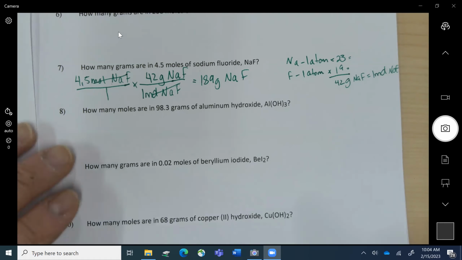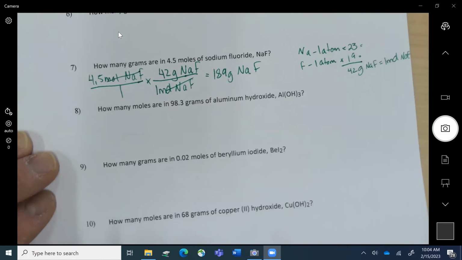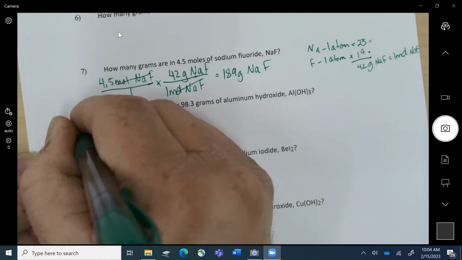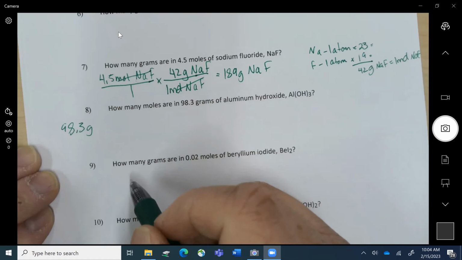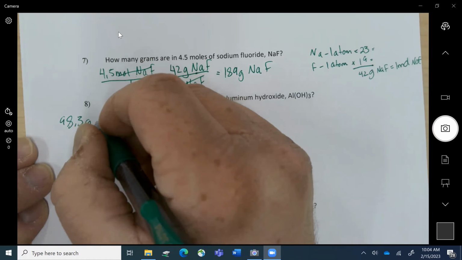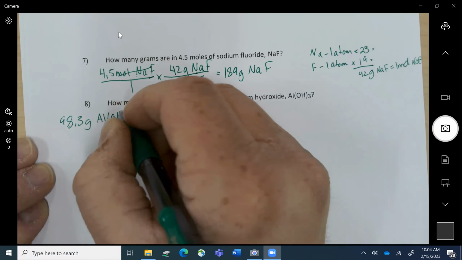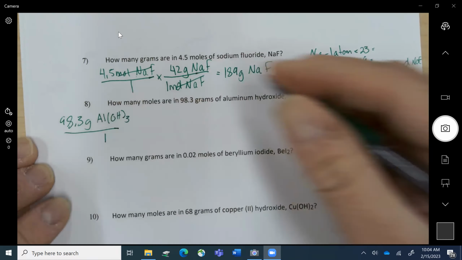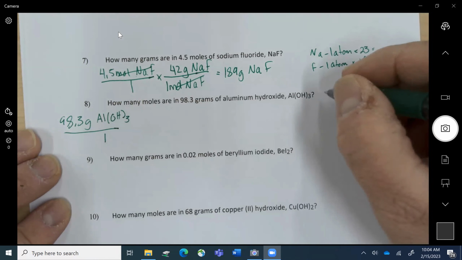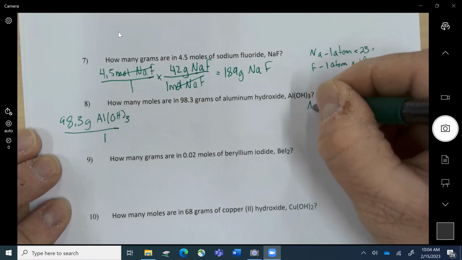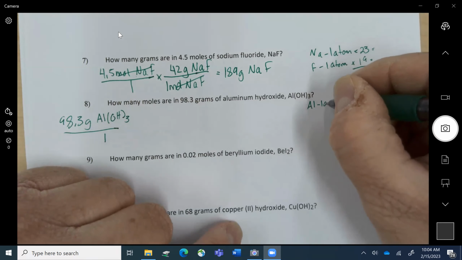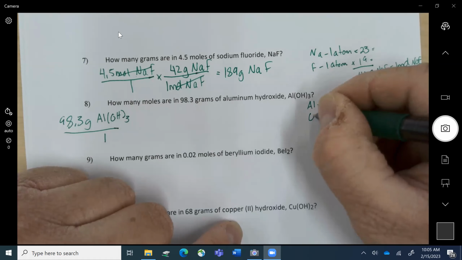All right. So I'm starting with 98.3 grams of aluminum hydroxide, Al(OH)3. It wants to know how many moles there are. Well, I don't know how much this thing weighs, so I have to do Al, one atom, oxygen, hydrogen.